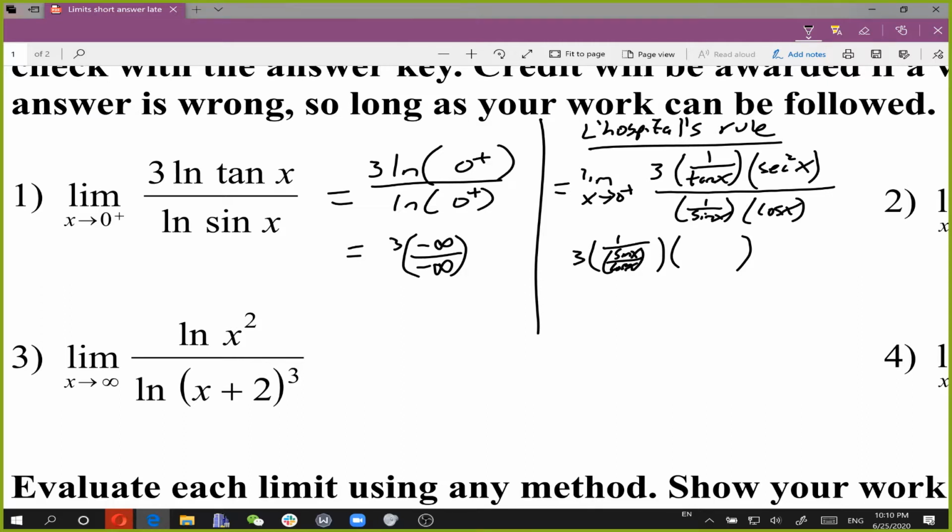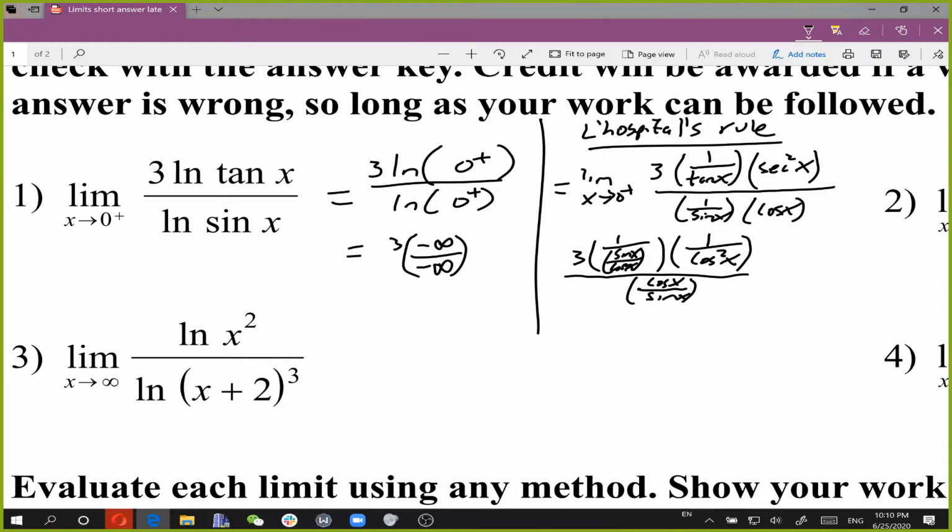Secant squared: secant is 1 over cosine, and I've got 2 of those. This is really 1 over cosine squared. Okay, divided by cosine over sine. Cosine over sine.